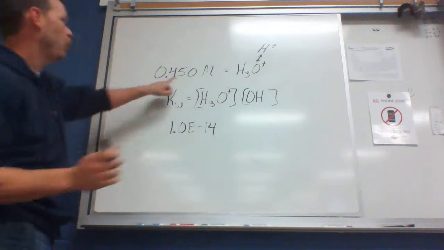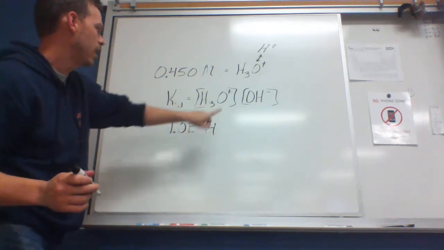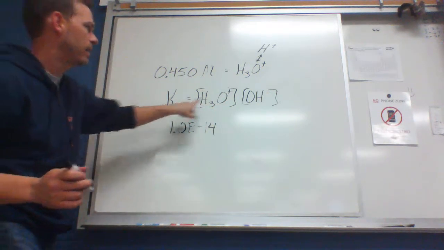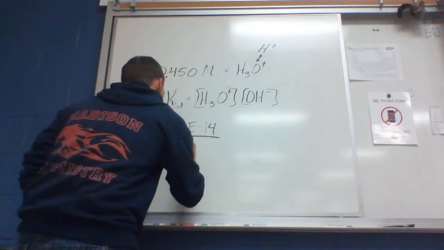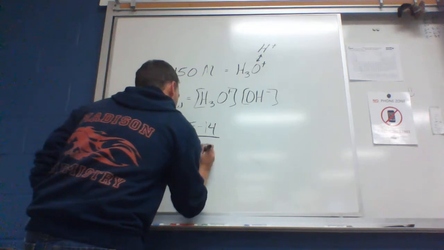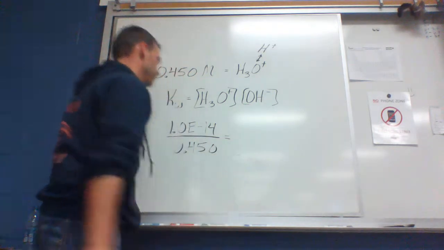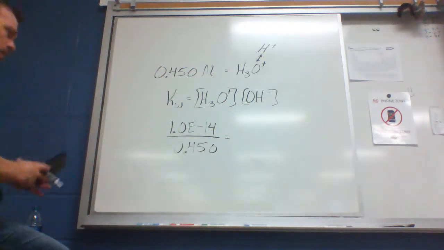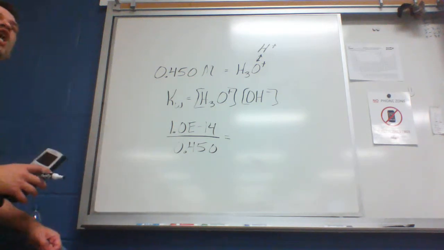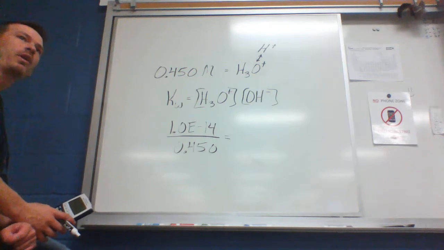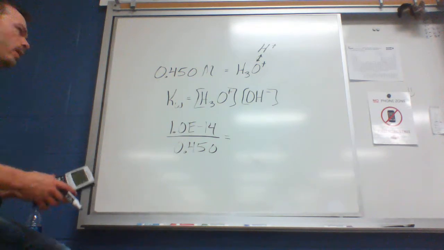So if you put this value into this spot, this value into this spot, solving for him is algebraically simple. It's ultimately dividing. The 1E negative 14 is a constant value for KW that we went over on Monday. It's a number that always exists.